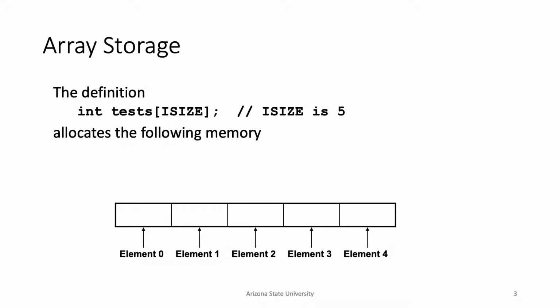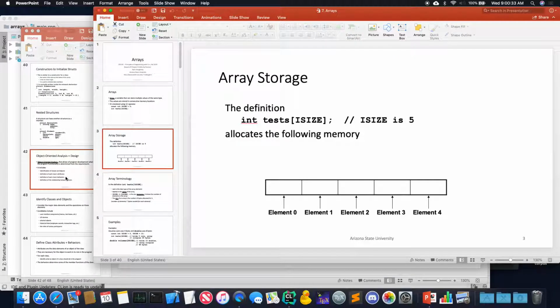So 32, then 32, then 32, 32, 32. And for some reason, there's a very good reason, the way that we access the individual integers in this array starts out at 0. So, okay, I'll show you how that works.